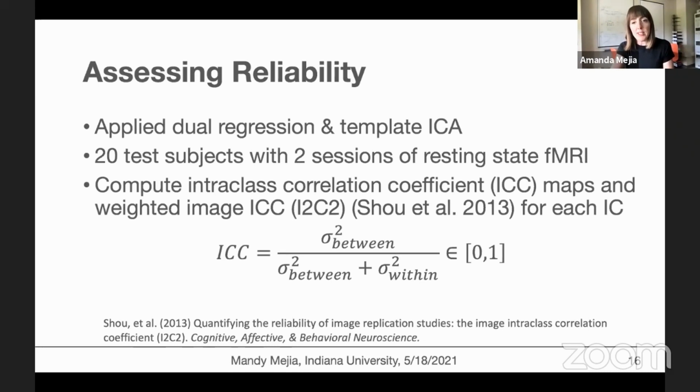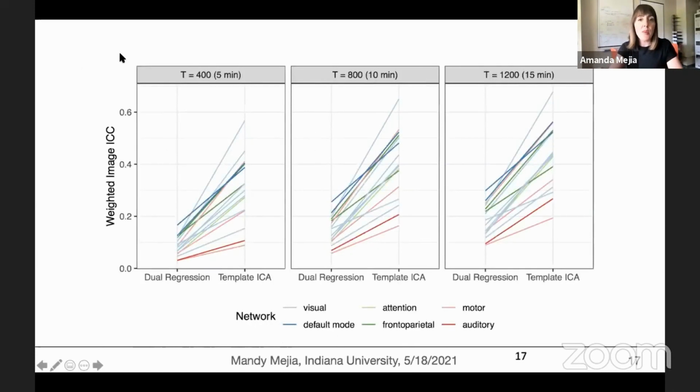The weighted I2C2, just like the ICC, can be thought of as a ratio of variances, where an ICC or I2C2 of 0 represents the case where we have no reliable subject-level information in our estimates, at least not that can be distinguished from the group. An ICC of 1 means that across multiple measurements, our estimates are exactly the same and they differ across subjects.